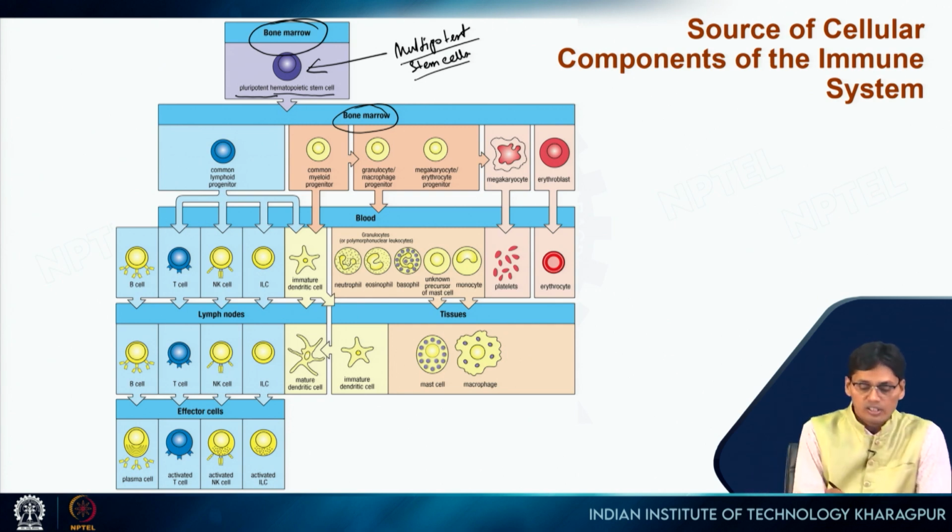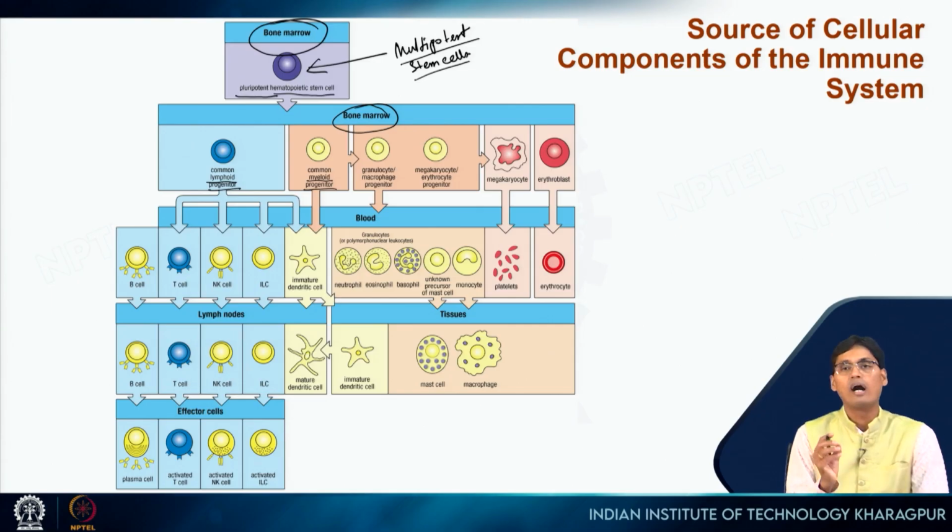Let's see. Initially, they can differentiate into lymphoid progenitor and the other one is myeloid progenitor. Lymphoid progenitor means they will make mostly different types of immune cells like T cells, B cells, NK cells, those kinds of cells.